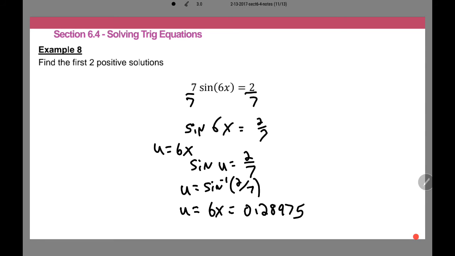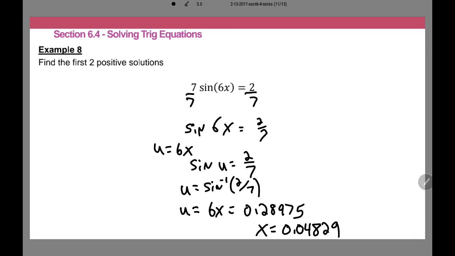So once we do that, we can figure out x really easily. One of them will be 0.28975 divided by 6, which is 0.04829.